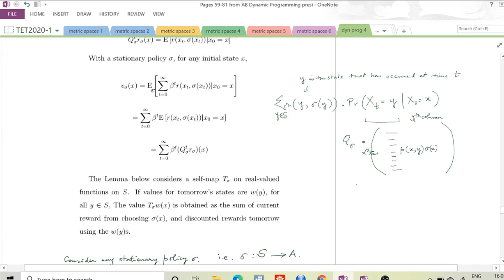And the Markov chain theory showed us that if we multiply this matrix t times, the xth row and yth column will have this probability, given that I've been playing according to sigma.